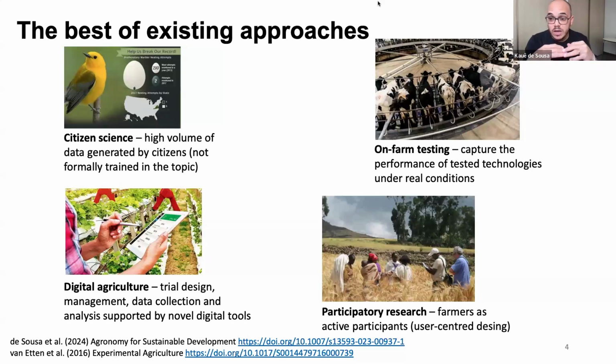Basically, the noise in that data is something that we use to explain the variability in performance. Then digital agriculture: I'm not talking about high-end things like drones, but about very simple solutions, phones, and a digital infrastructure that allows you to collect and analyze your data properly. And of course, participatory research: we should consider that the farmers are at the center of the design of every product that we have.